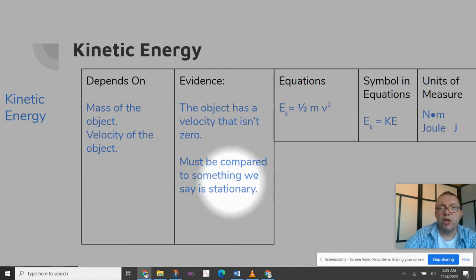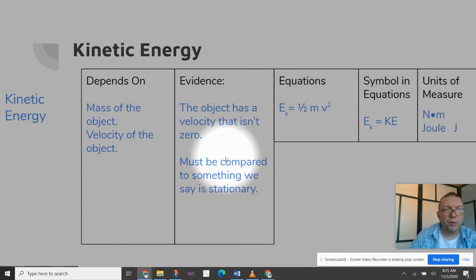We generally, when we do that, we have to compare it to something that's stationary. If a car drives by, we can say it's going 30 miles an hour. We would be comparing that 30 miles an hour to like a tree on the side of the road or the ground or something like that. Something that we say is stationary or we assume is stationary. Big picture sort of things.